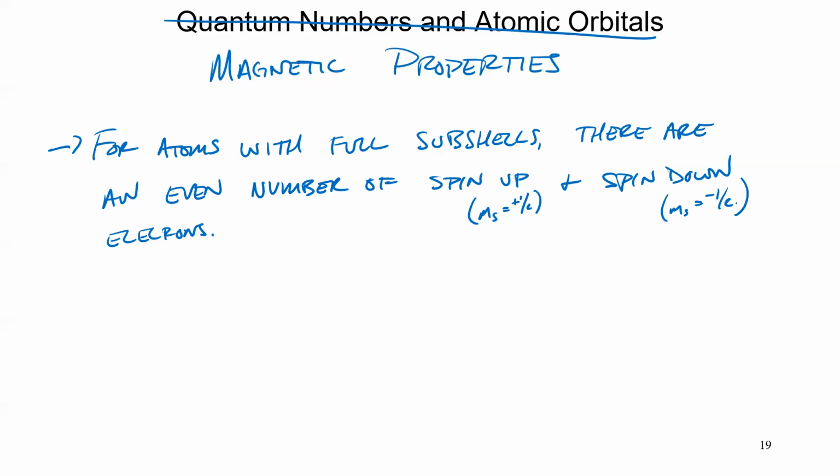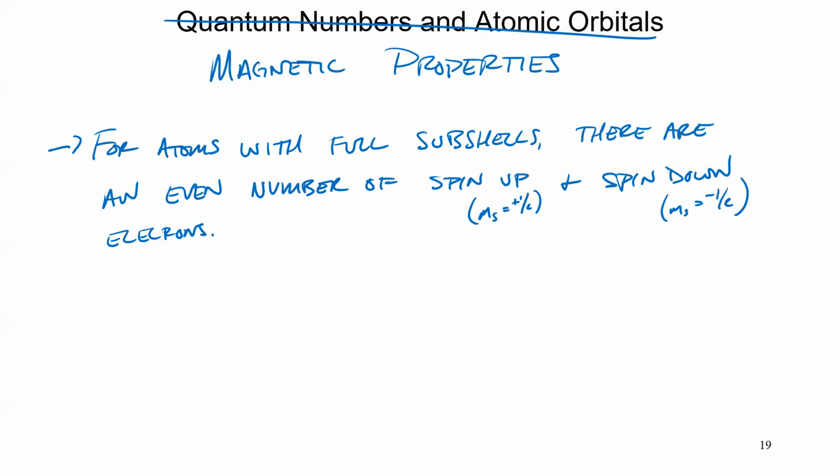And so let's take helium. Helium's an easy one. He's only got 2 electrons, but there's an even number, right? There's 1 spin up and 1 spin down, and so their magnetic fields cancel out. There's no overall magnetism there.